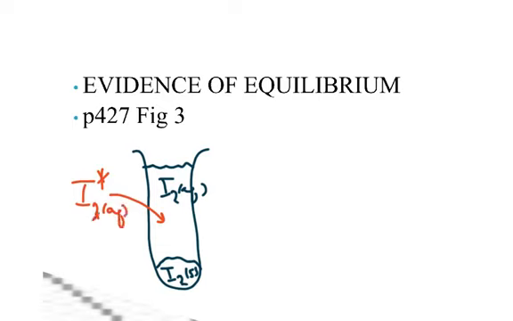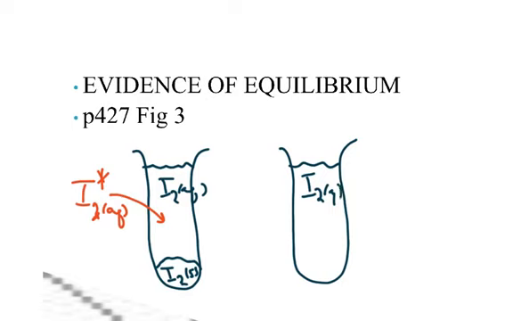And they added some radioactive iodine, and if nothing was happening, then they would see the exact same outcome when they looked at the iodine after a certain amount of time. What they actually found was that there was still some iodine up here. There was still iodine down here.